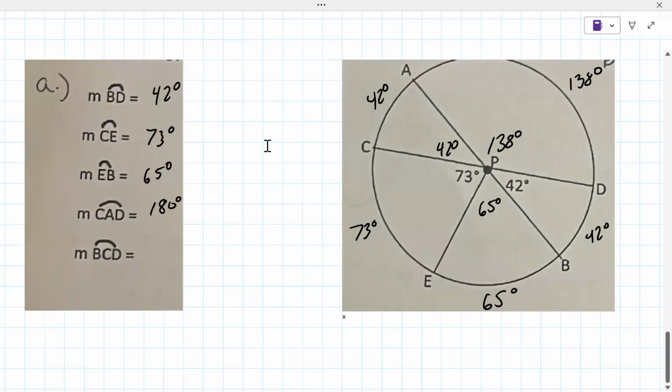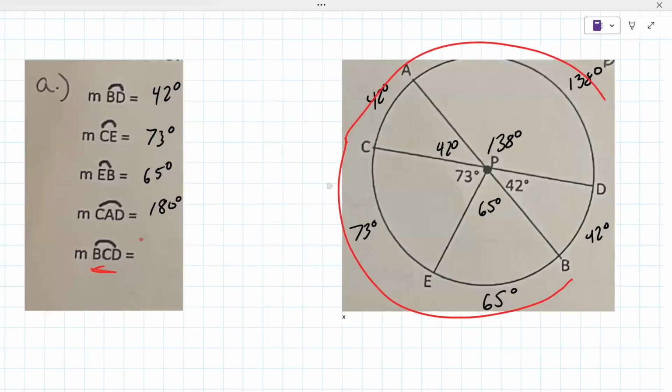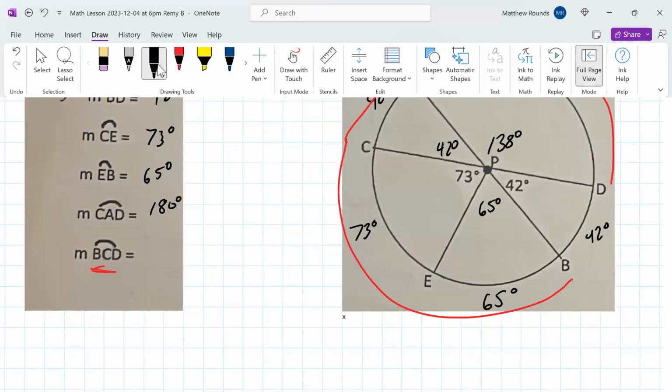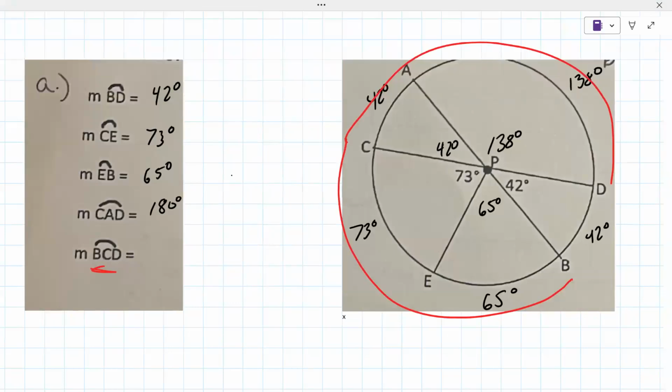Because he's in the way of it. With the colors, it really helps. You're starting at B, going to C, and ending at D. So I just do all of that. Yep. That'll be 65 plus... 318.